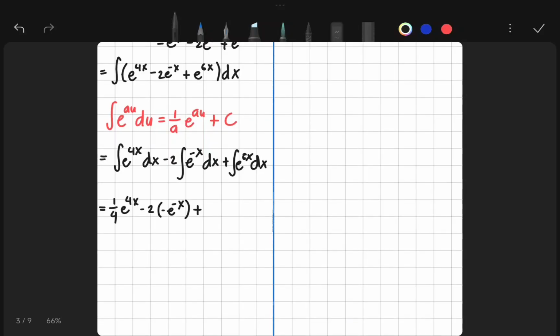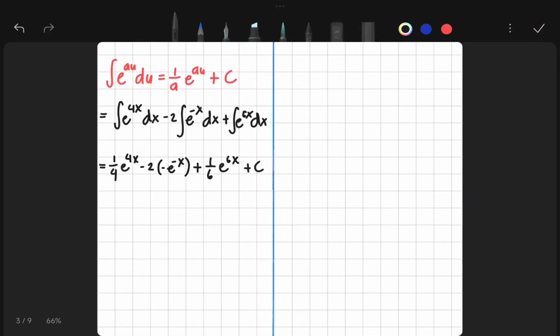So this will just become negative e raised to negative x. And plus, for the last term we have 6. The reciprocal of 6 is simply 1/6, and then copy the term e raised to 6x. And then, since we are done integrating, we can now add plus c. That's it, very easy. So let's just simplify this. This will become 1/4 e raised to 4x.